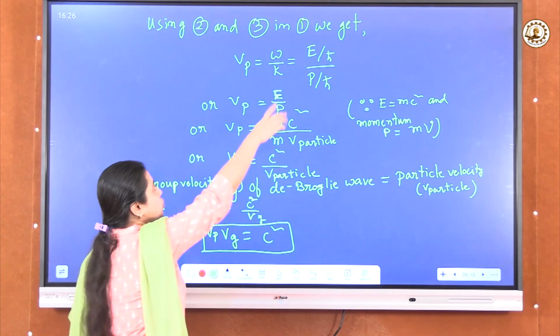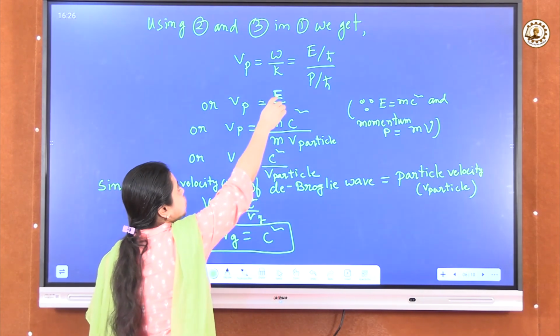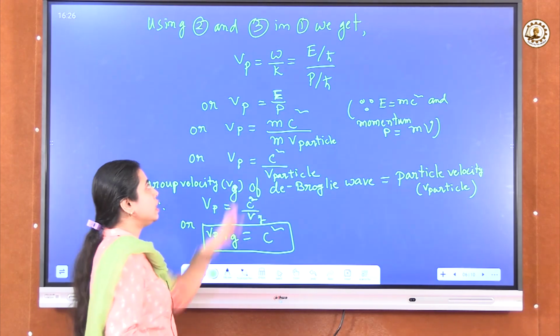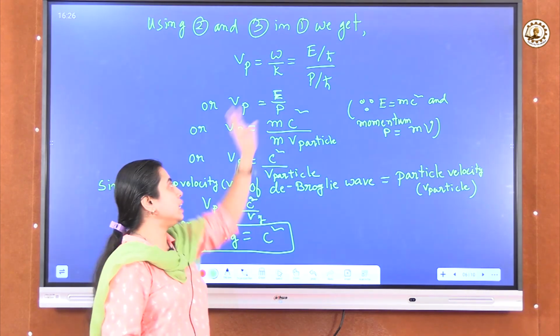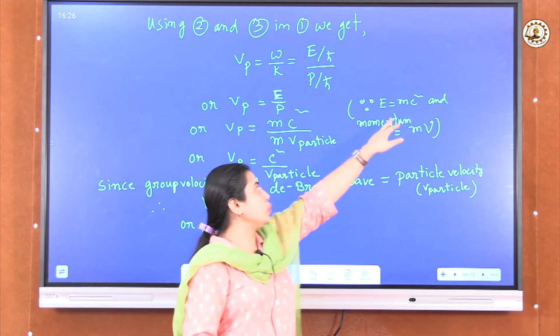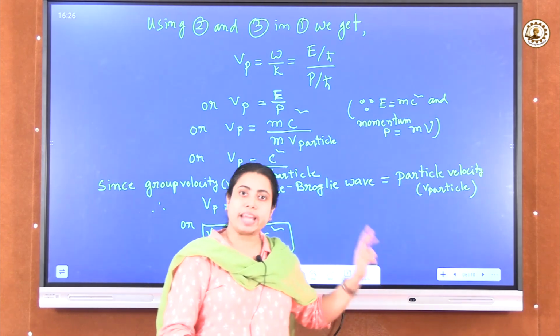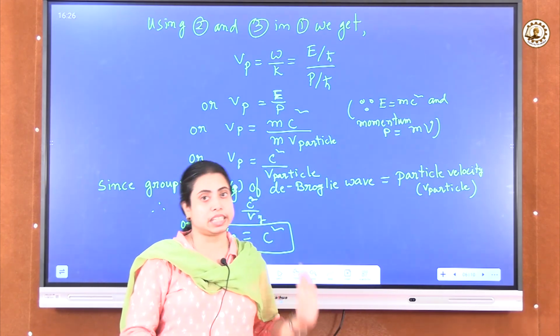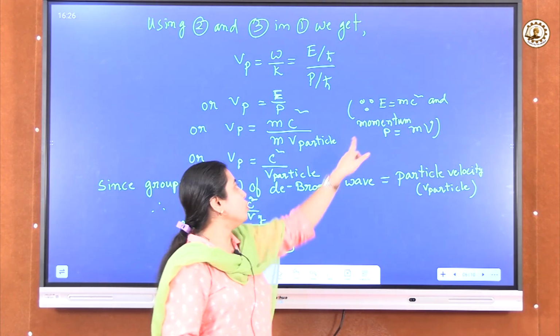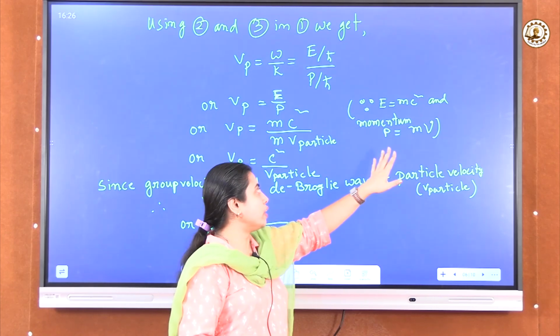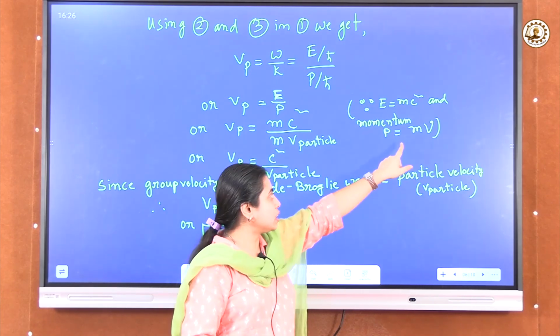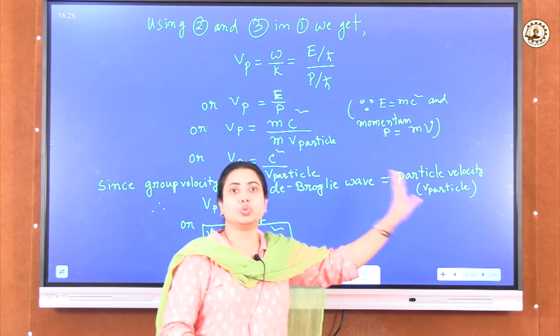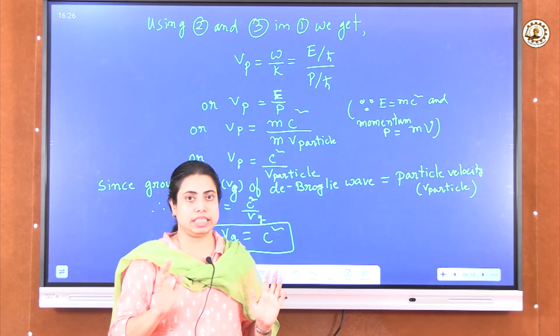So here h cross will cancel and Vp is equal to E by p. Now you know energy E is equal to mc square, where m is the relativistic mass, and momentum p is equal to, again using relativistic mass m, into the particle's velocity.